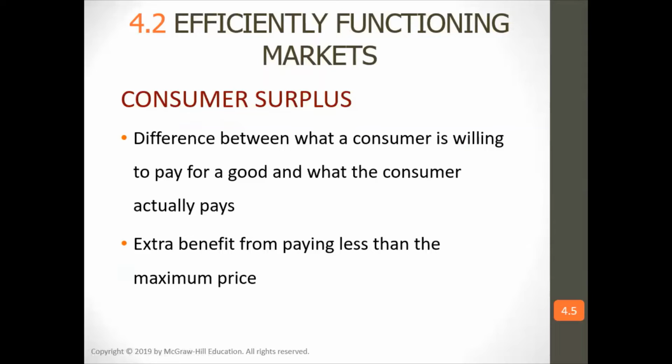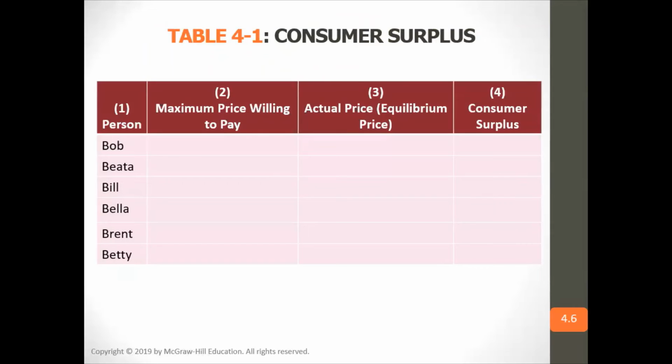Consumer surplus is the difference between what a consumer is willing to pay for a good and what the consumer actually pays. So the extra benefit from paying less than the maximum price. So everyone has a maximum price they're willing to pay. For me, my maximum price that I'm willing to pay for, let's say, Pepsi is $5, and let's say the actual price for Pepsi is $2.